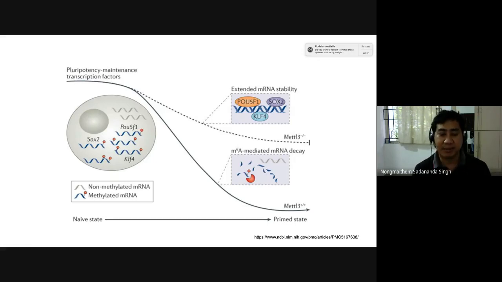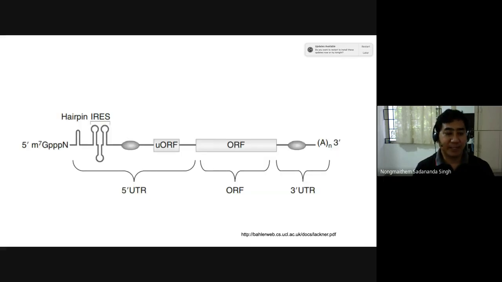So modification plays a big role in maintaining stemness or exit out of the stem cell behavior. Then next is another very important thing, which has been discussed a little bit, the internal ribosome entry site, IRES. As the name indicates, internal ribosome entry site.